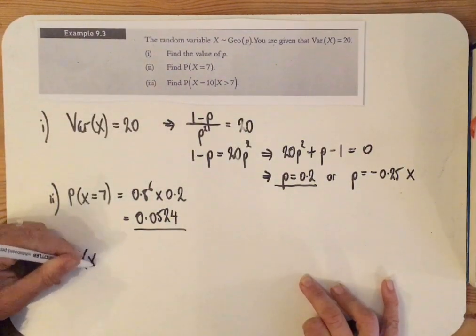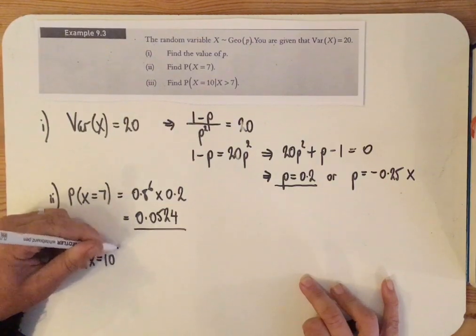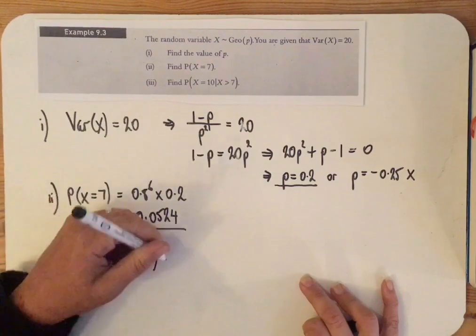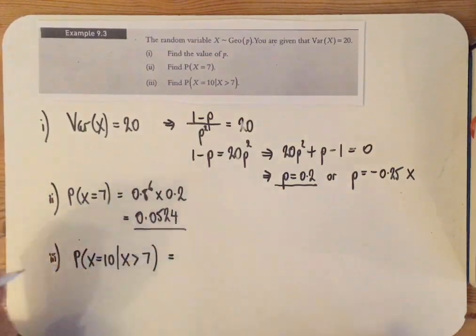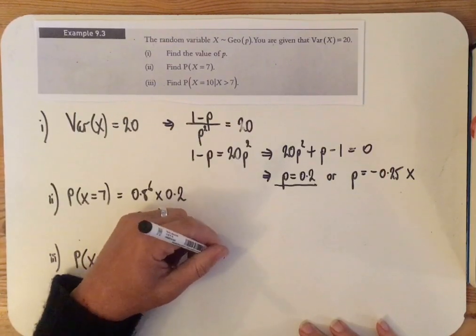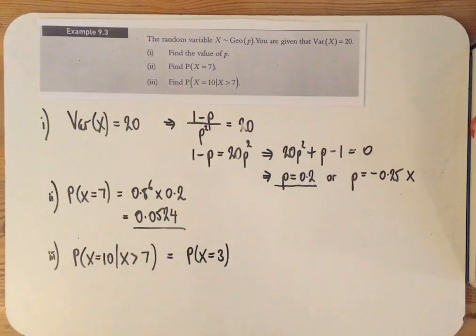And then we did do this, but I thought it's probably worth seeing again. So the probability x is 10, given that x is more than 7. So that's the same as the probability that x is equal to 3, because the geometric distribution has no memory.